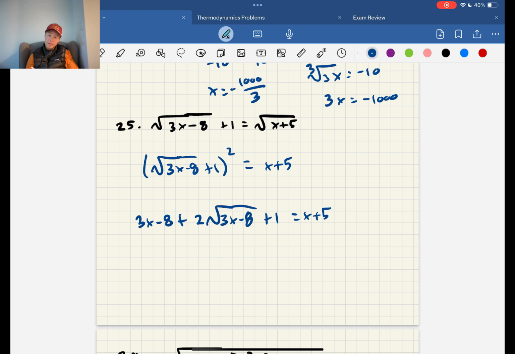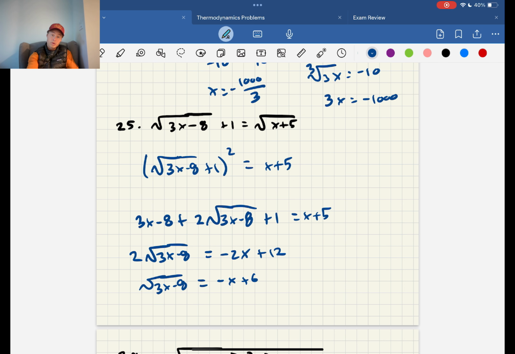We can simplify by moving stuff over to the right side. We'll have 2 times square root 3x minus 8 equals negative 2x plus 12. Divide both sides by 2, we get square root 3x minus 8 equals negative x plus 6.